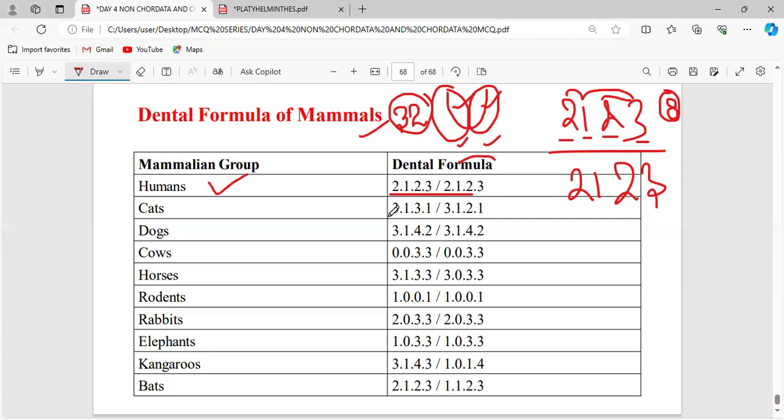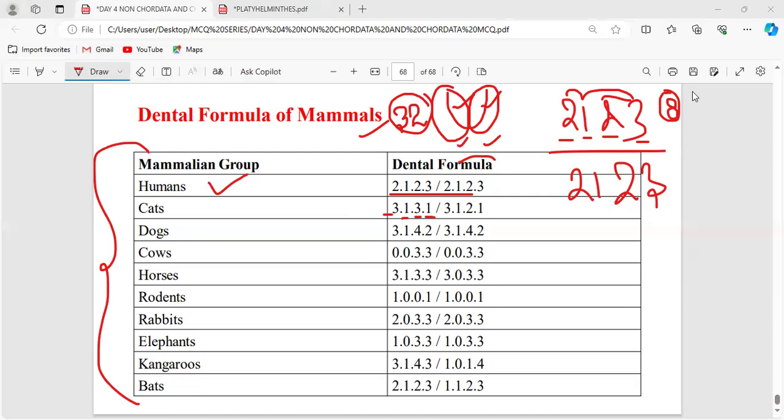In the same way, in cats: 3 incisors, 1 canine, 3 premolars and 1 molar. Like that you have to apply all these formulas and try to remember them. Are there any doubts when it comes to non-chordata and chordata? You can ask me now. By seeing the questions, I hope you have some idea how the questions will be asked in the exam.